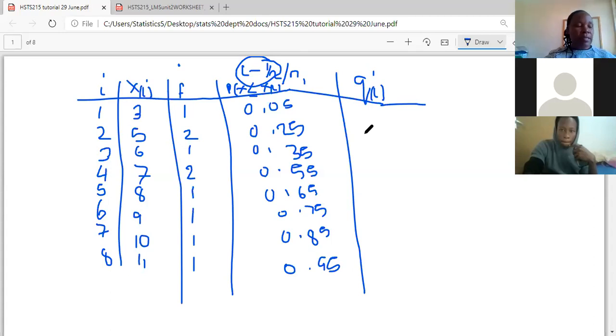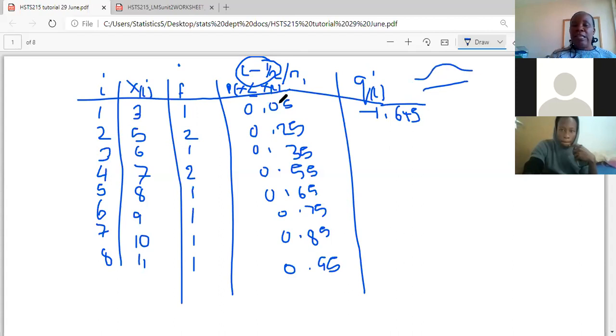If you look at the standard normal distribution, the value whose cumulative probability is 0.05 will be minus 1.645.